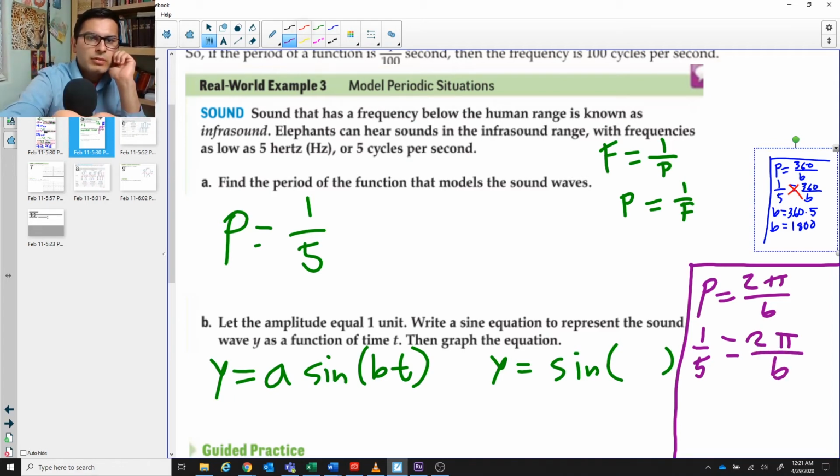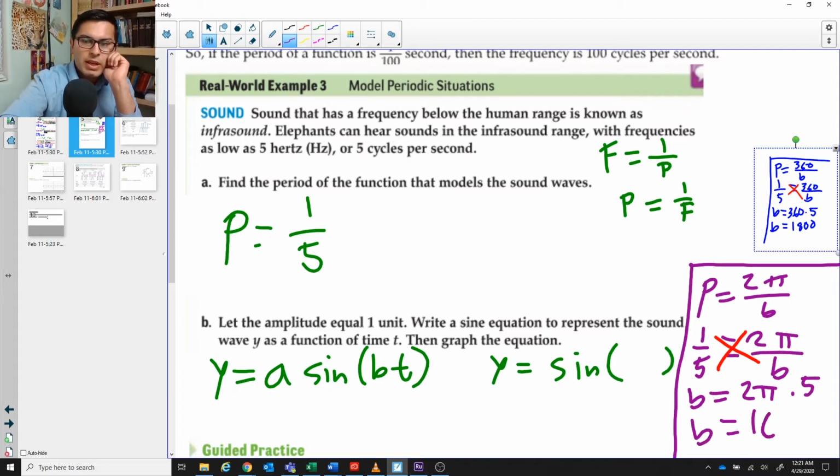So we're going to take 2 pi over b and we're going to solve for b. The easiest way of doing this is still to cross multiply. But once we do this, this is going to be b equals 2 pi times 5, which we would know to be 10 pi.